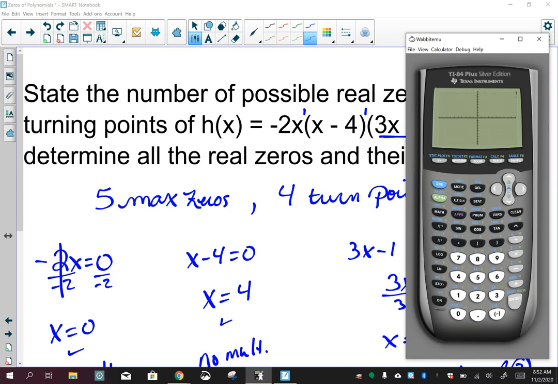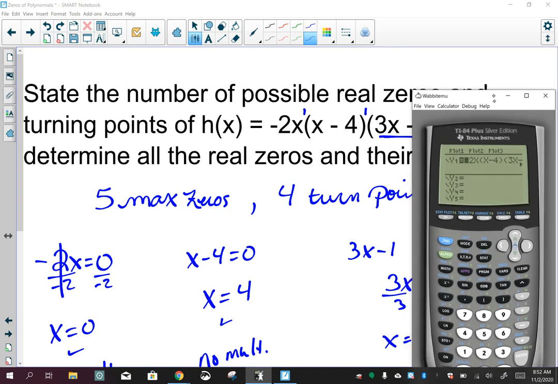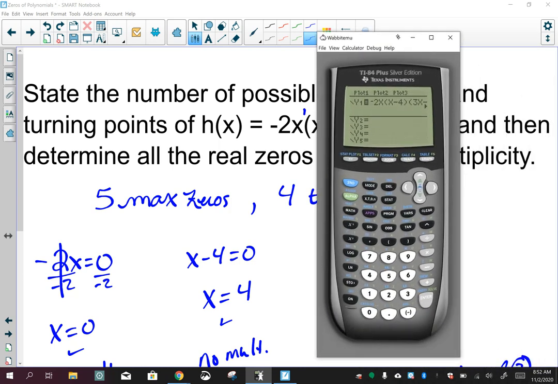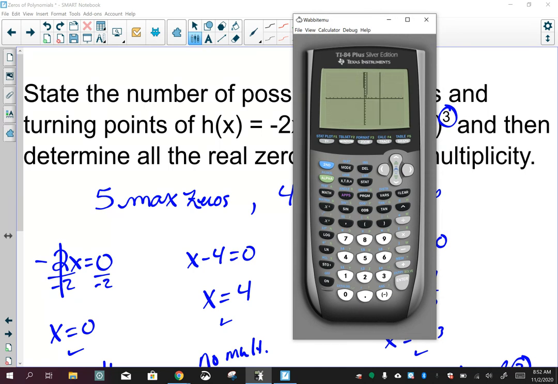And then I'm going to hit graph. And so there is your graph right there.